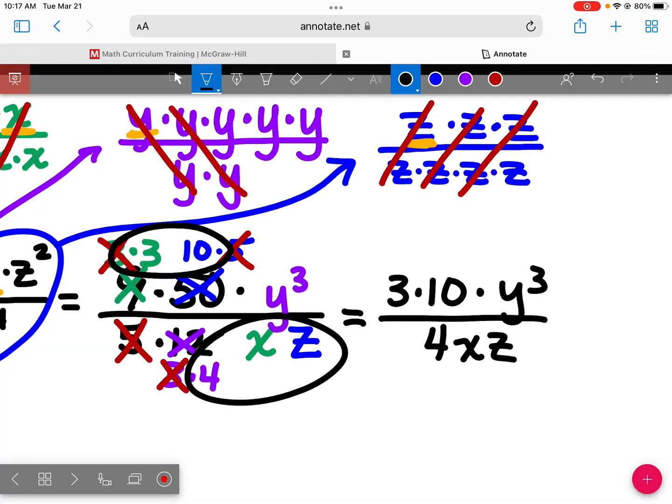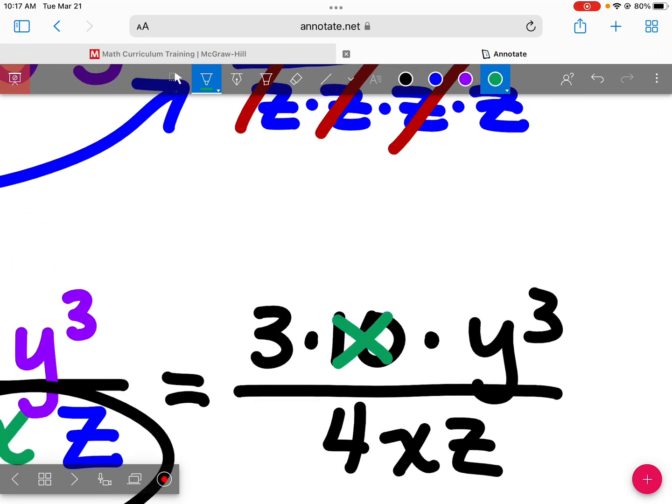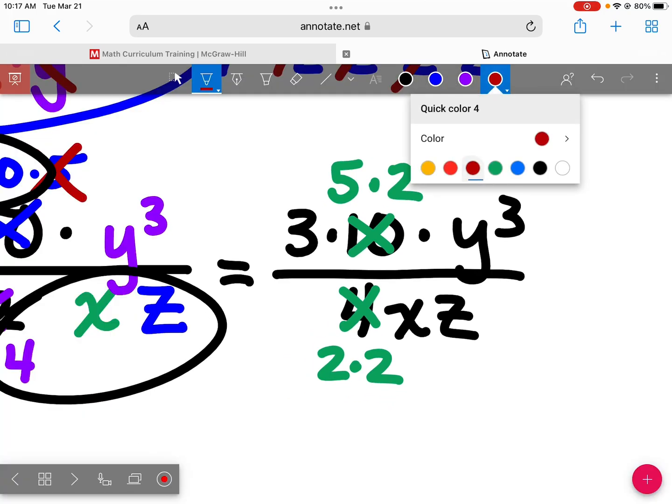Does anything in the numerator have a common factor with anything in the denominator? Is there anything else that I could write out in its factored form? Yep, 10 is 5 times 2, and I heard 4. 4 is what? 2 times 2. And that means I can do what now?